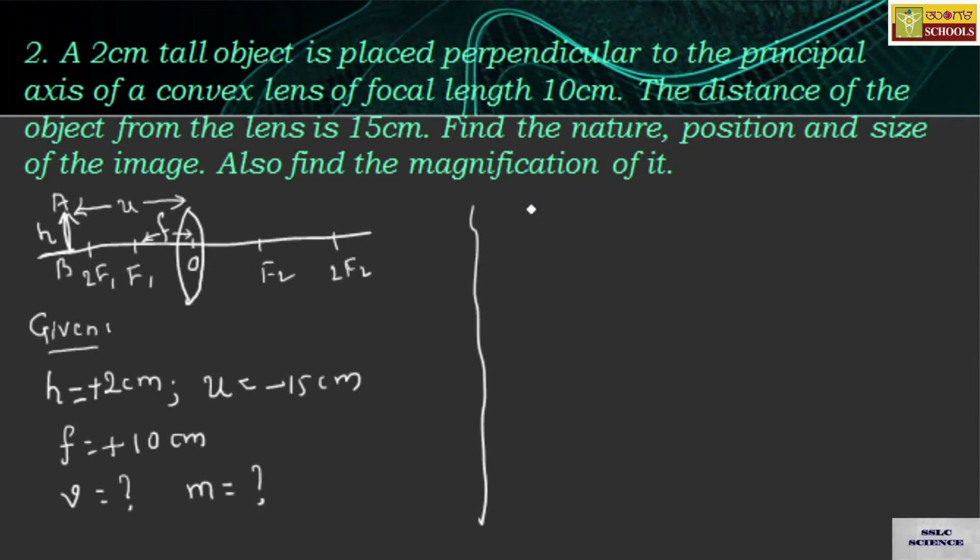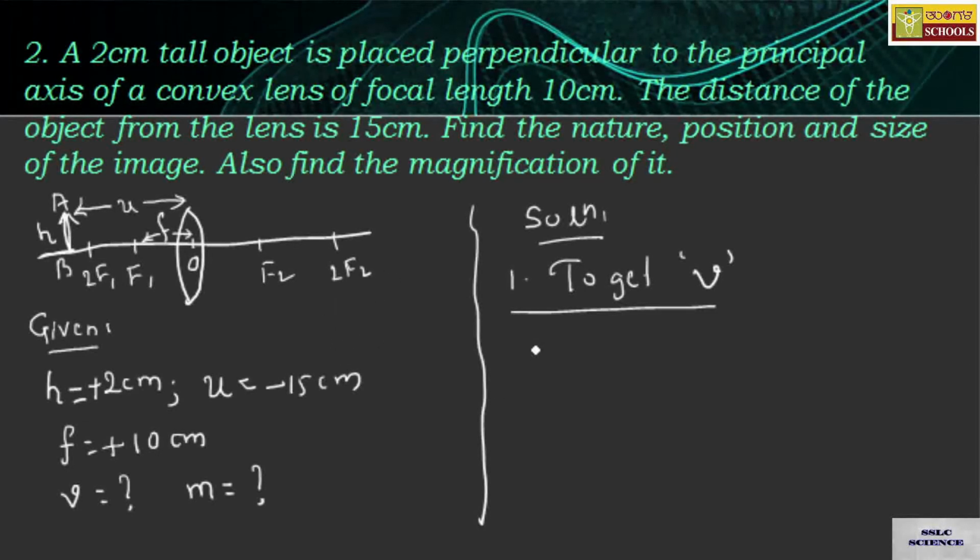So first step is to get the image distance V. We need to get the image distance V first, and later we will check what will be the magnification.